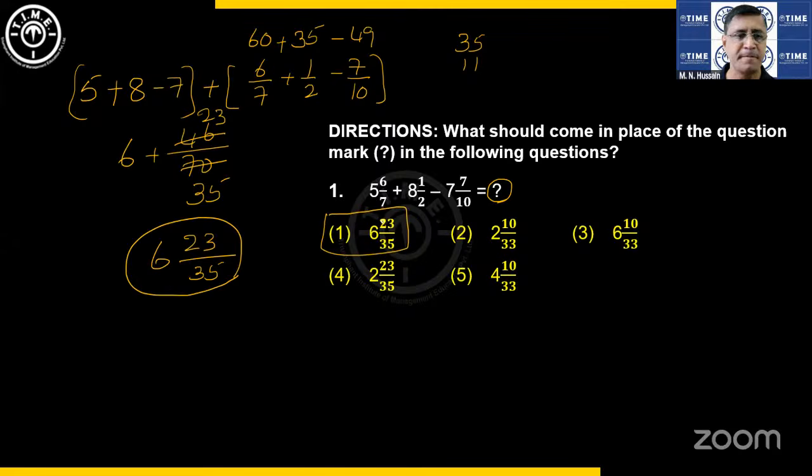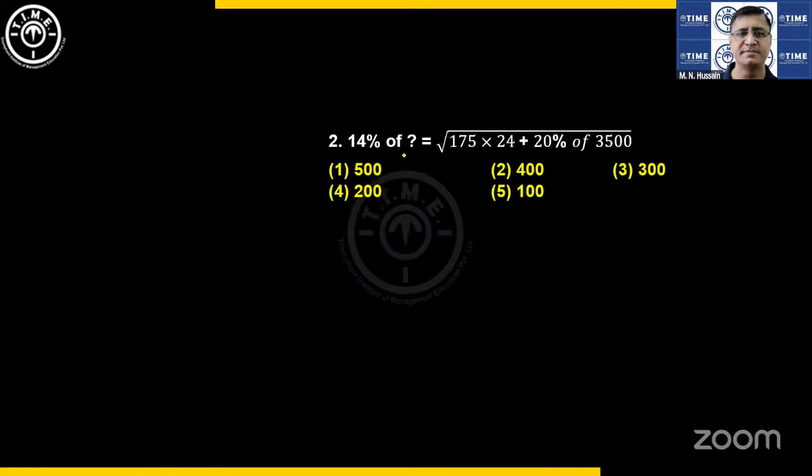Okay. Now moving to the next example. Question number 2 on your screen. 14% of question mark is equal to the square root of 175 into 24 plus 20% of 3500. 14% means 14/100 into question mark.